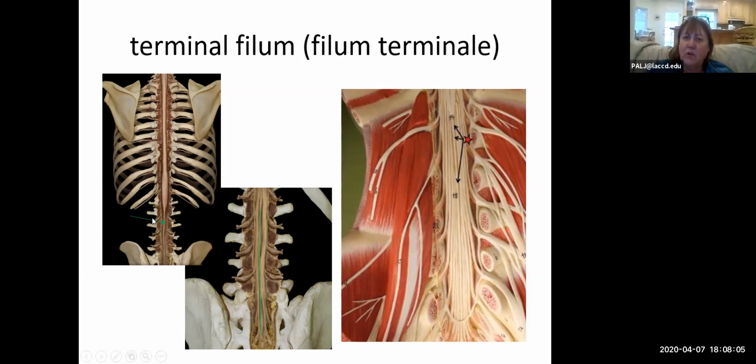Now you also will notice that surrounding the filum terminale, there are all these other structures, and if you look at them carefully, you can see them coming down, and then you will see some of these exiting at all the intervertebral foramina. What these are is the spinal nerves exiting further down.